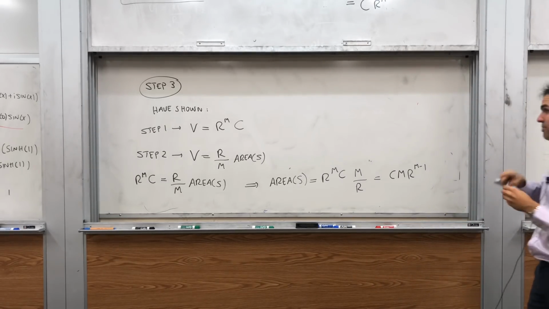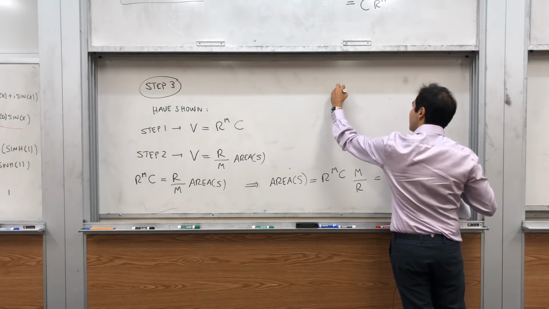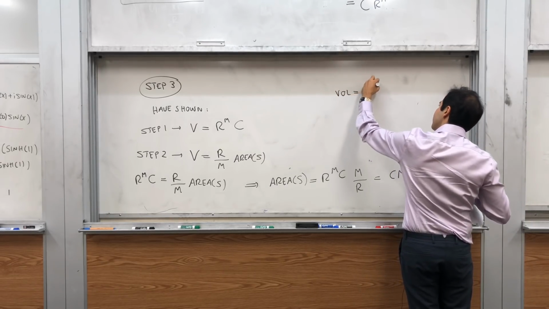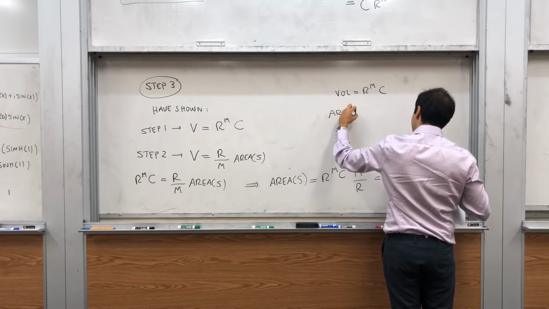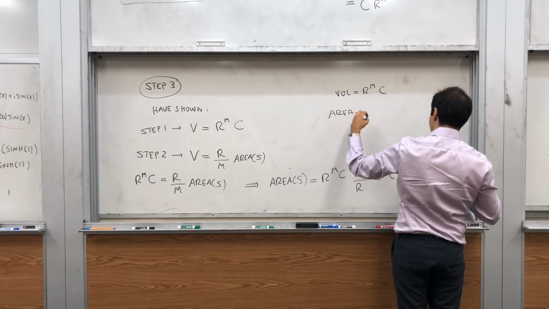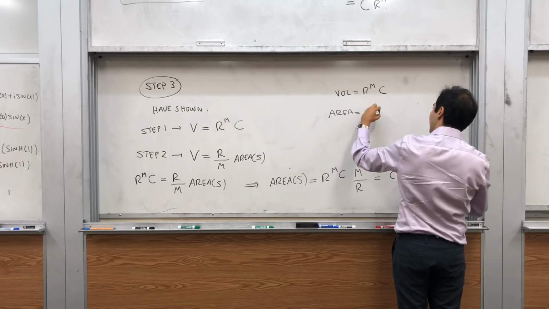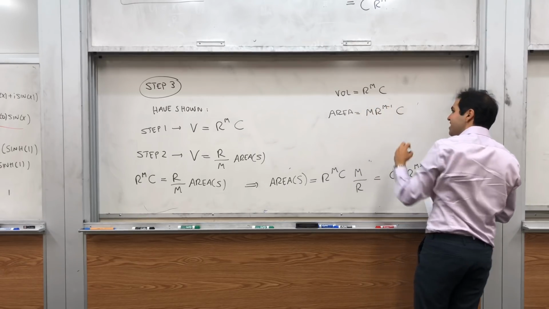And so here's the upshot then. The volume is R to the m times C. The surface area becomes m R to the m minus 1 times C.